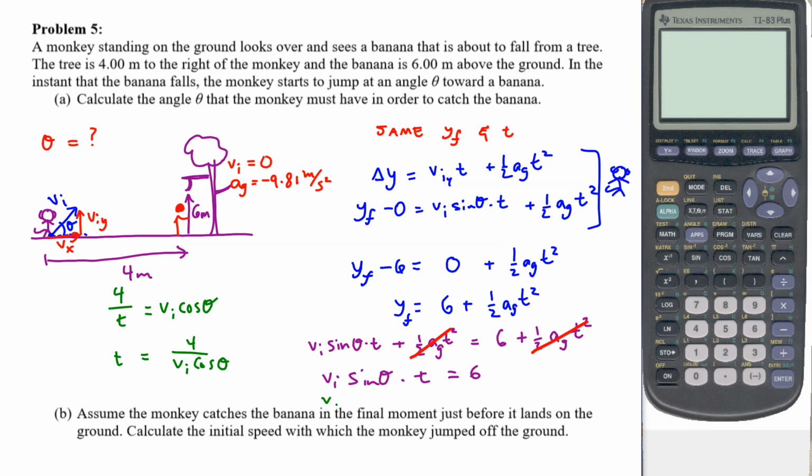Okay, so I go vi times sine theta times 4 over vi cos theta is equal to 6. And look at how this simplifies. The vi divided by vi cancels out.